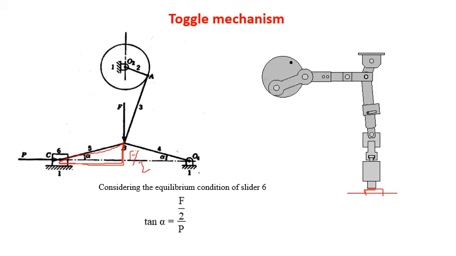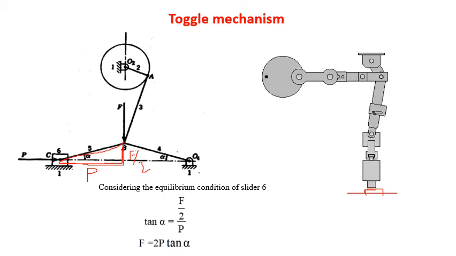Since the resistance is acting in this direction, this is P. Opposite side by adjacent side becomes tan alpha. So tan alpha is equal to F by 2 divided by P. Therefore F can be written as F equals 2P times tan alpha.